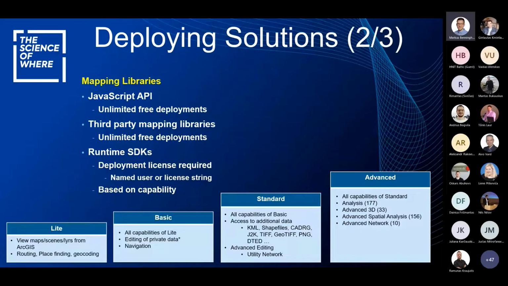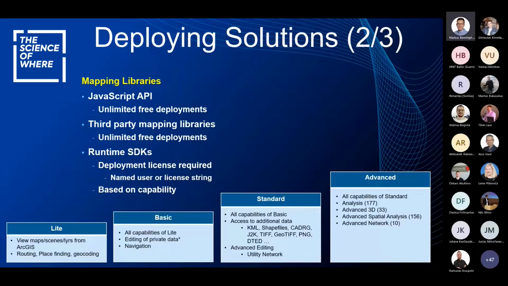If you use different runtime SDKs, then for these clients you need a runtime license. I don't want to go into any real detail here about what the different licenses are. It's basically also capabilities logic: if you need more advanced capabilities in the runtime SDK, then you need a more advanced runtime license.